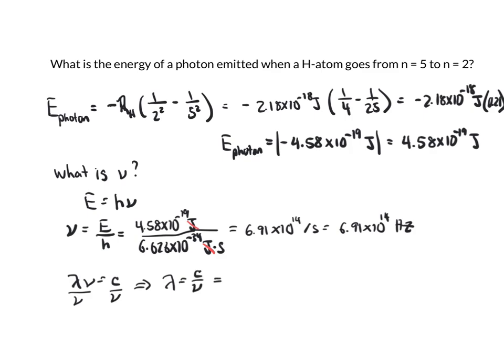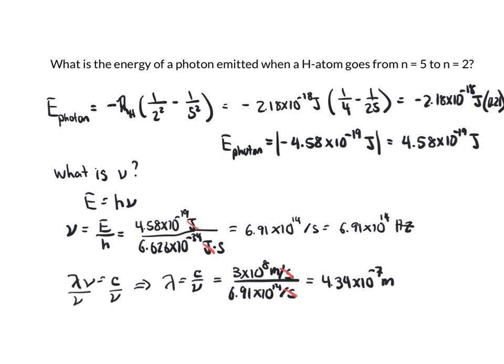So I take the speed of light, 3 times 10 to the 8th meters per second, divided by 6.91 times 10 to the 14th per second. My per seconds divide out, and I get it in terms of meters, and that number is 4.34 times 10 to the minus 7 meters.